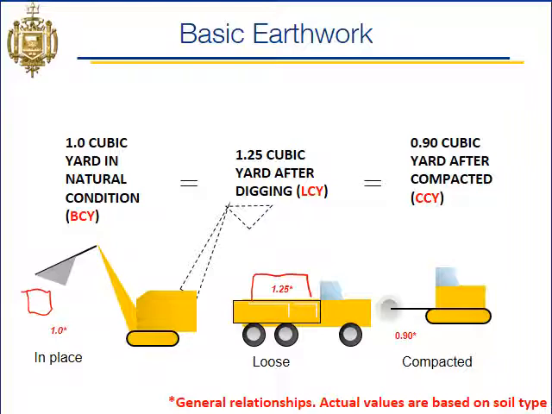Then we dump that on a site somewhere and compact it, and now its volume is a little bit smaller than it was before it started, but the weight at all of these stops is the same. So if we pull 1,000 pounds of soil out here, we're going to put 1,000 pounds of soil there. It's just that the volume banked, the volume loose, and the volume compacted are going to be different.